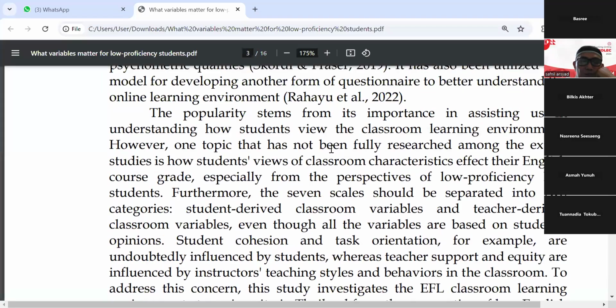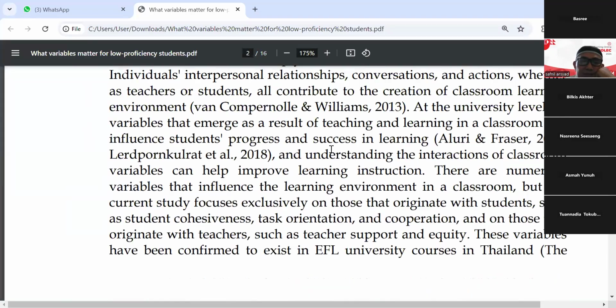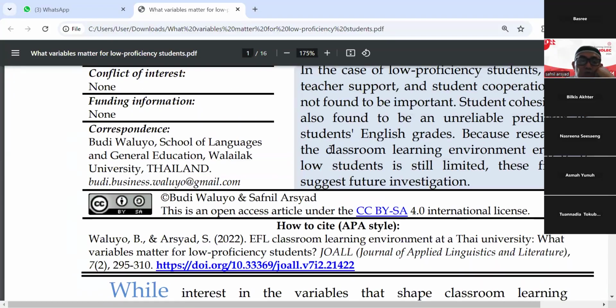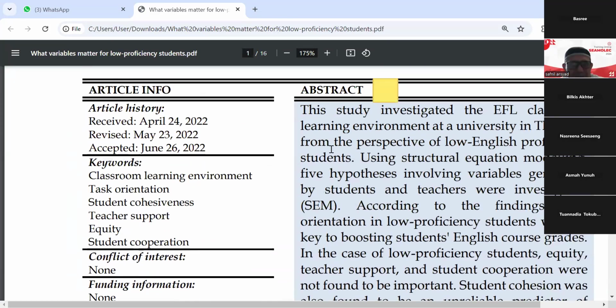So this is Joel, and Joel is from my study program. This is in Sinta 2. Sinta 2 is just like Scopus, but it is only for Indonesian journals. The highest Sinta score is Sinta 1, and Sinta 6 is the lowest.